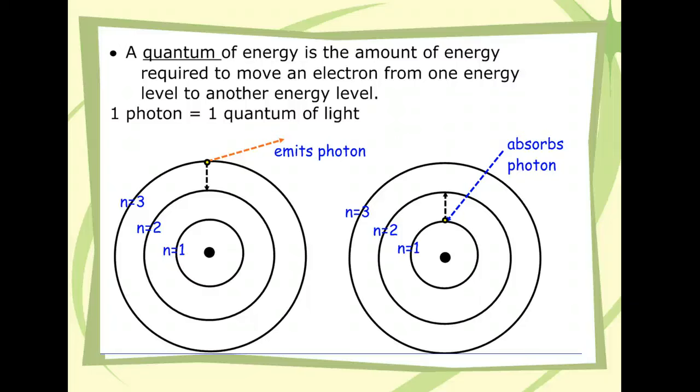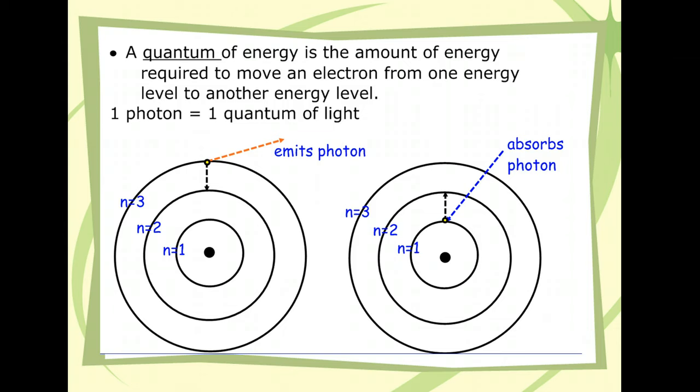One packet of energy in particular is a little packet of light. One quantum of light is known as a photon. We see billions of photons when we're seeing light. Billions of photons are hitting your eye, hitting the rods and cones in the back of your eye, and your brain translates all that energy as visual signals.